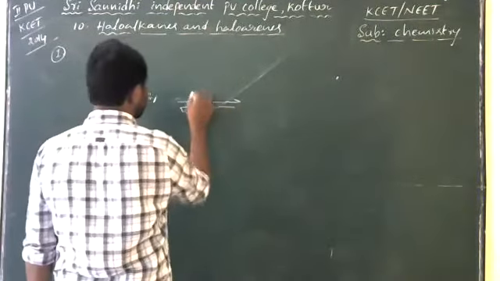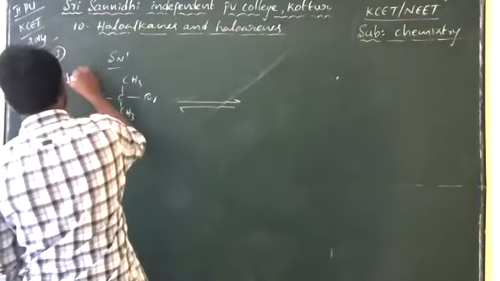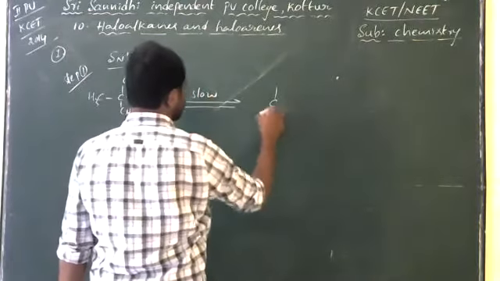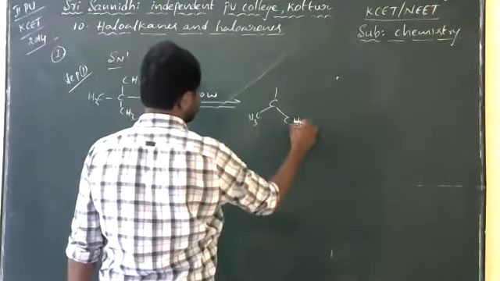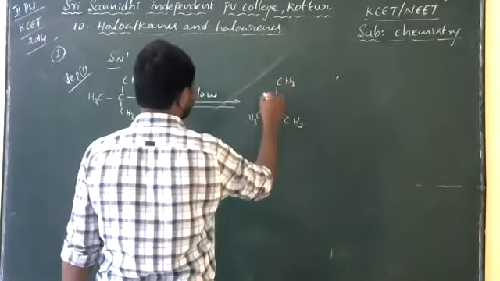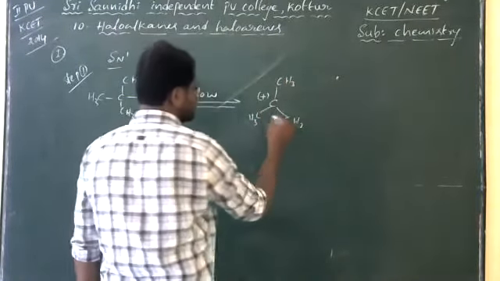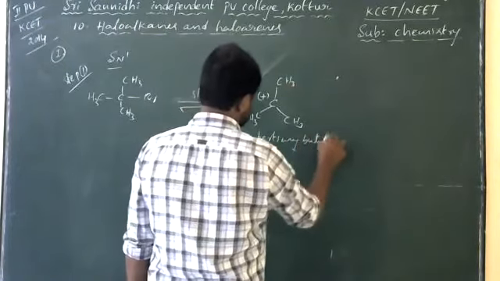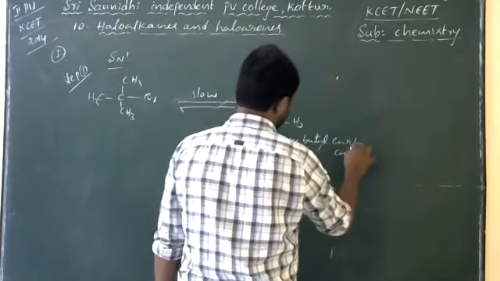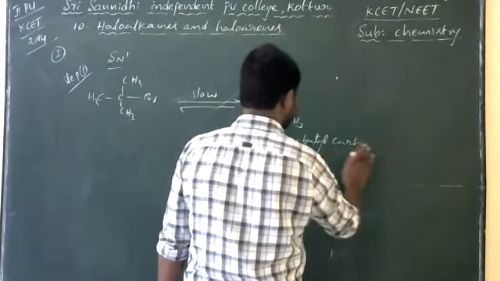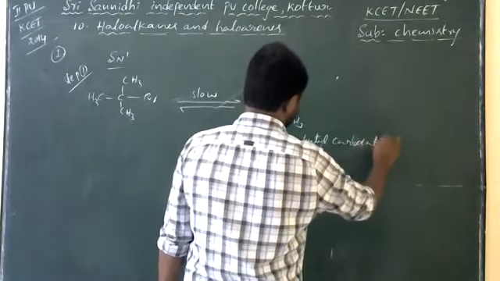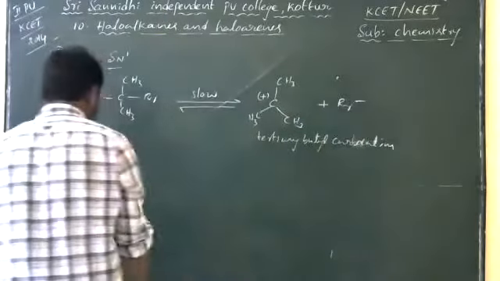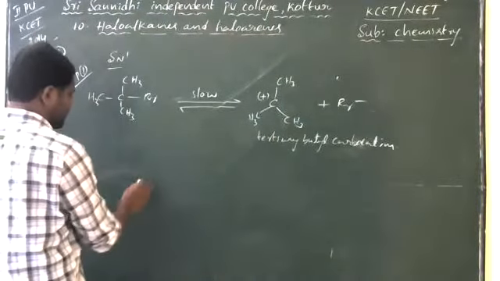In the first step, which is the slow step, it forms the carbocation intermediate, which is called the tertiary butyl carbocation, and Br minus is formed here.